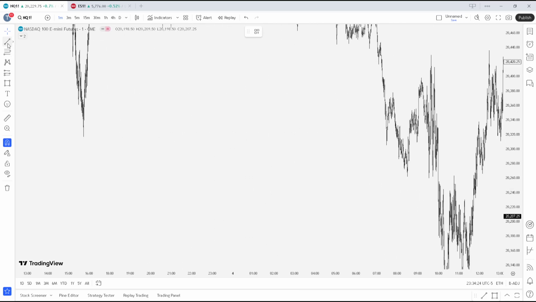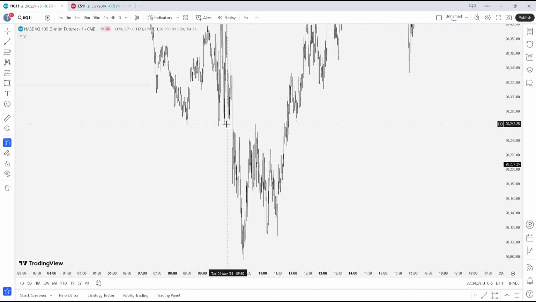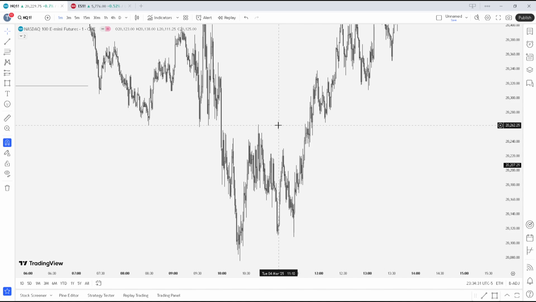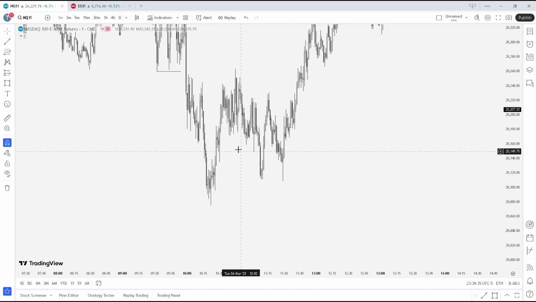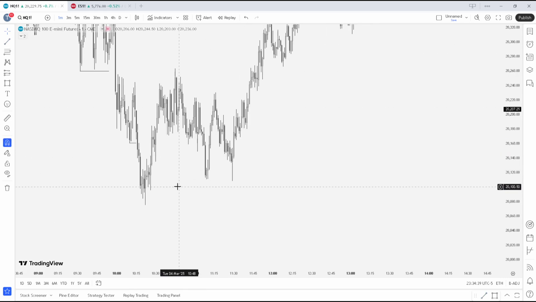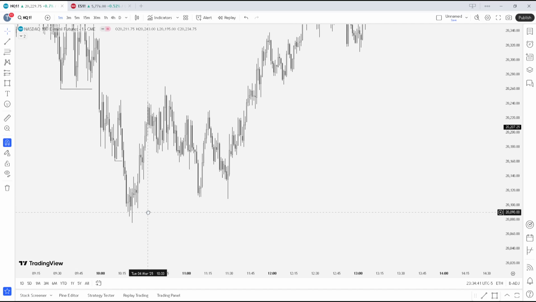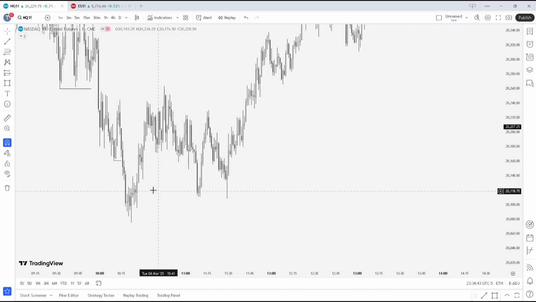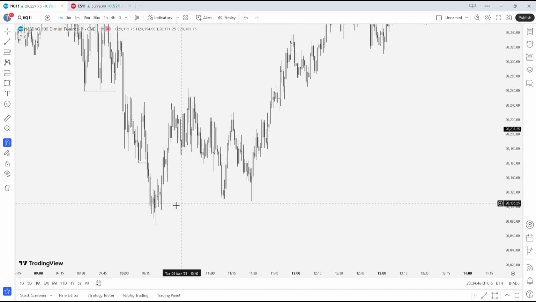So going into this day, we have sell side that we swept. We have a lot of this sell side being swept. And once we're down here, you can see that we are turning bullish. So now we're no longer sweeping sell side.